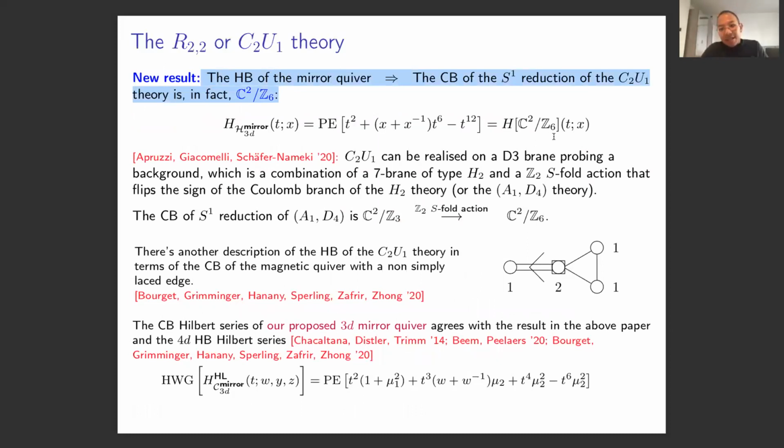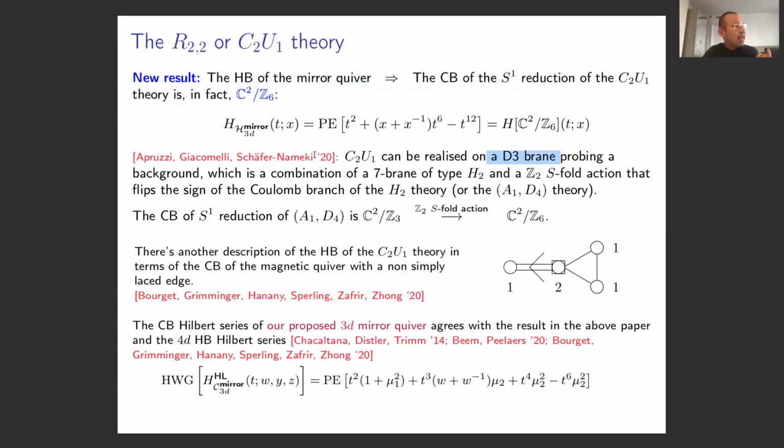I don't have a rigorous argument for this, but you can construct C2U1 in another way from F-theory. You take a D3 brane probing a background, which is a combination of the 7-brane of type H2, and then you do a Z2 S4 action.